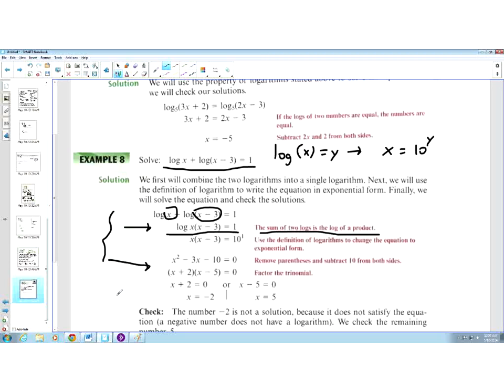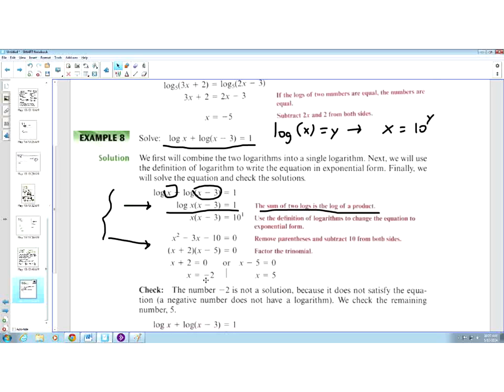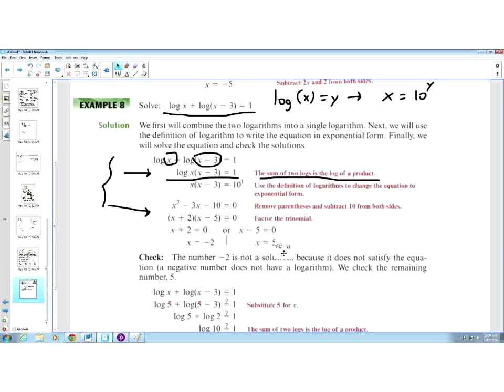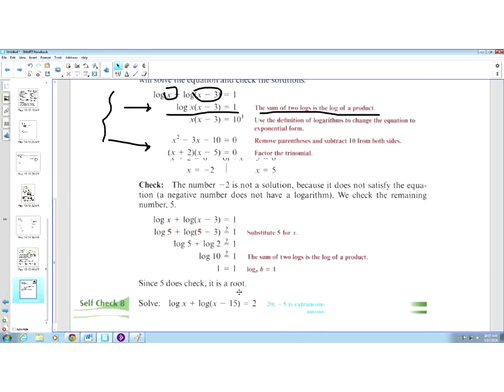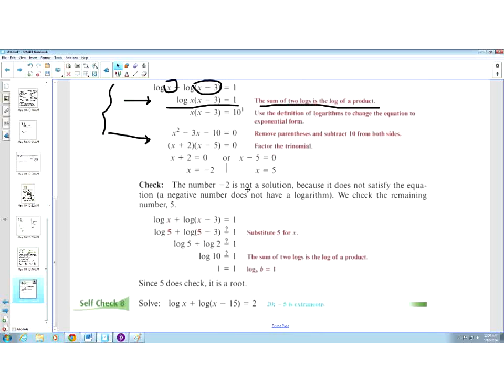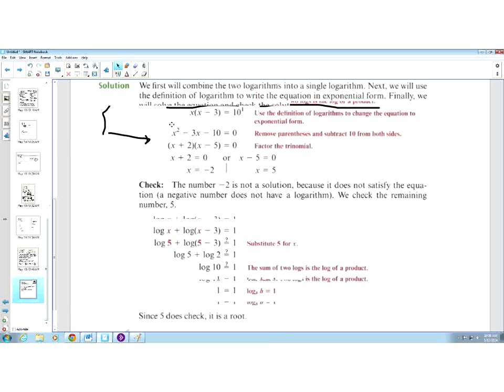And then they go on and solve in this example. So solving the algebraic expression, we have x equals negative 2 and 5. There's a potential for extraneous solutions, so always check. Negative 2 is not a solution in this case, because we can't plug negative 2 into a log.